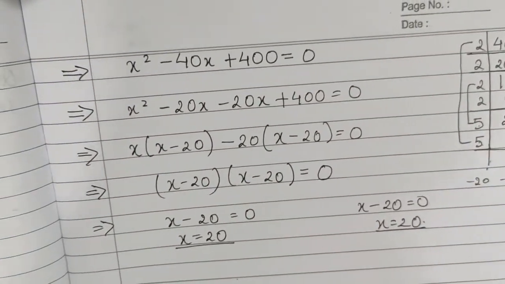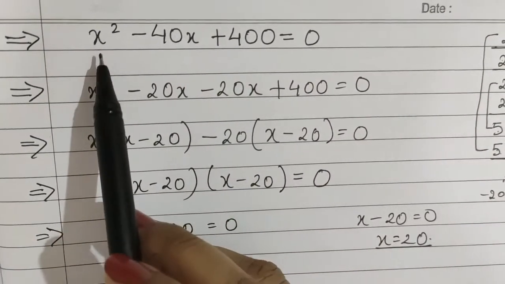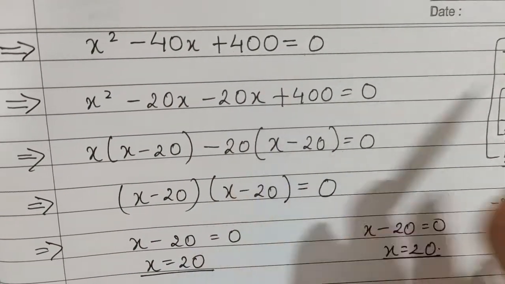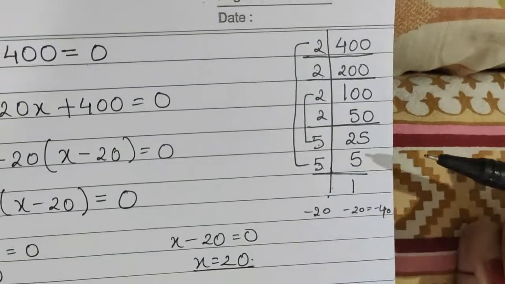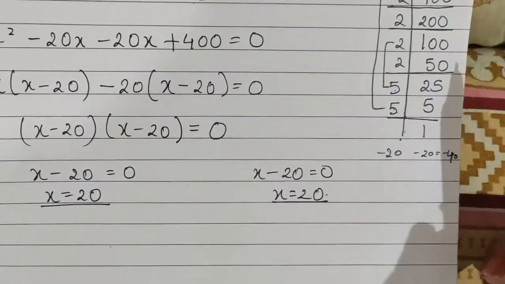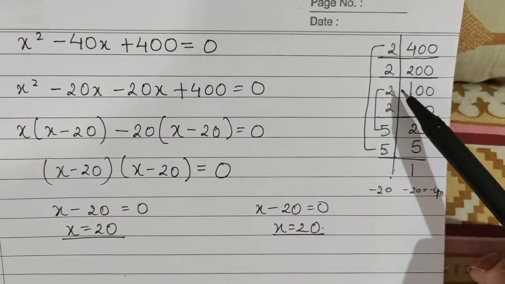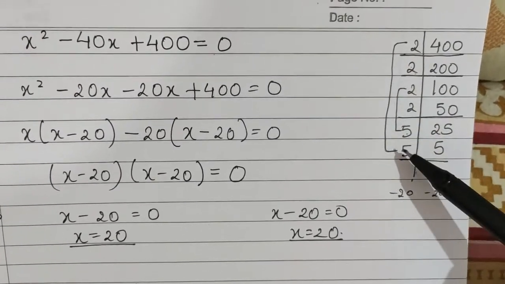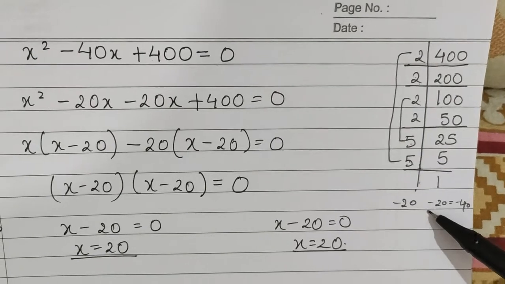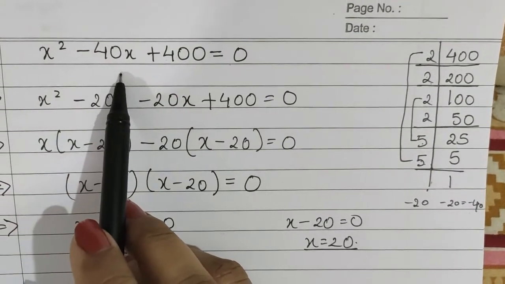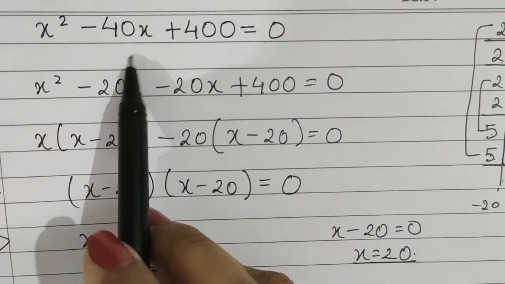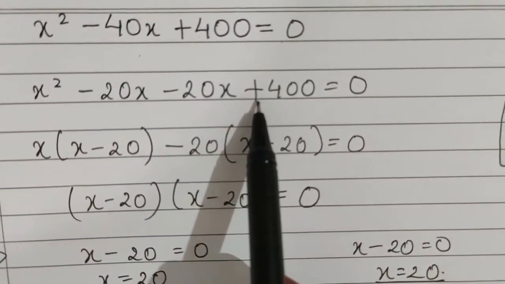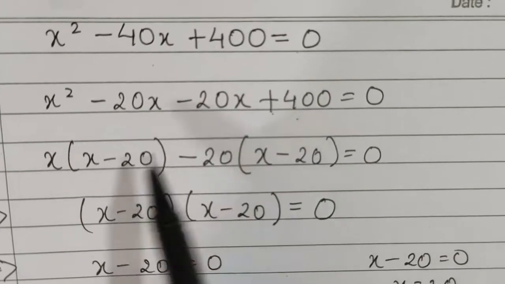Now let us find the root with the help of the factorization method. We have x square minus 40x plus 400 equals 0. Over here 400 can be written as 20 into 20, and 2 2s are 4, 4 5s are 20, so minus 20 minus 20 gives minus 40x, the coefficient of x that we want. So we get x square minus 20x minus 20x plus 400 equals 0.